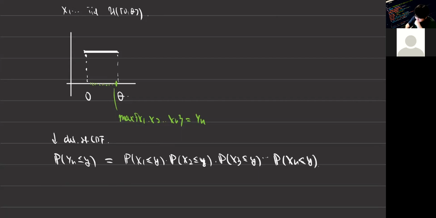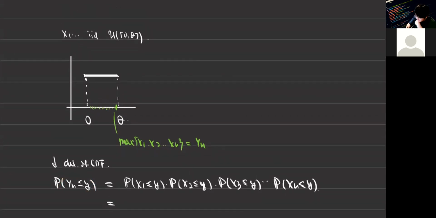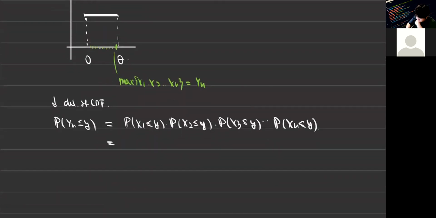Because if the maximum is less than y, that means all of the x are less than y. Since they are iid, I can write it simply as this to the power of n. Does this make sense? Yeah. All right, and then you're kind of done.